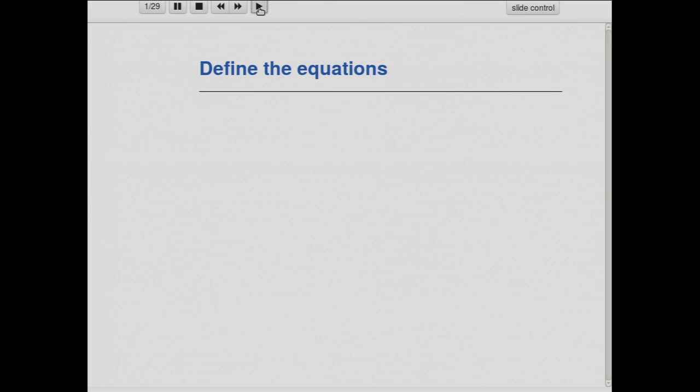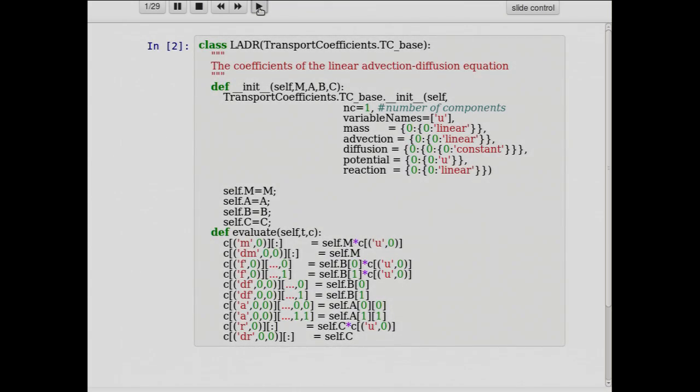So how would we get that into Proteus? Well, first we've got to define the equation. So we write, in this case, a class. I'm sure most of you are familiar with object-oriented programming in C++, if not Python, but Python supports this paradigm. We derive a class from a base class, which represents the coefficients of a PDE, and then we write some expressions for how to evaluate those equations.